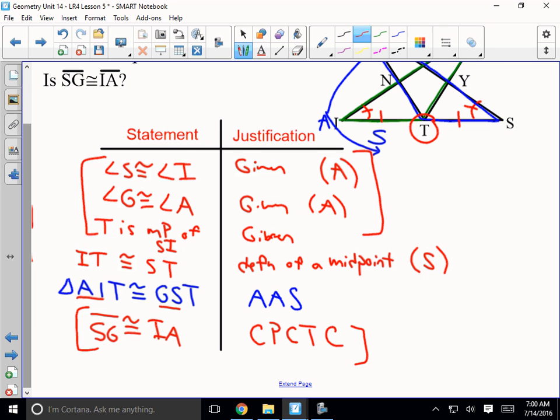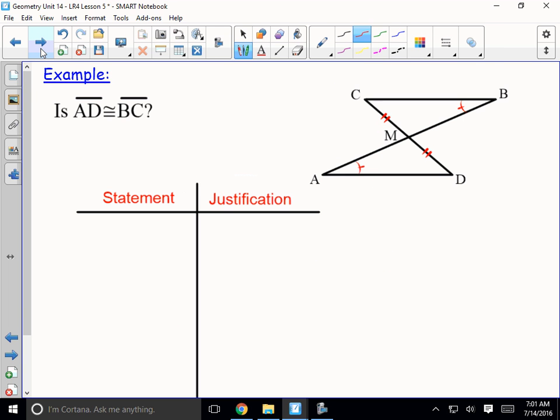And in this case, since we're talking about parts, we always have to finish with CPCTC, and then it's just filling in a couple pieces in the middle. Notice there's not a lot of work that you have to do here. You have to figure out how you can make the triangles congruent. Is there any missing information? But a lot of this is set up for you overall.